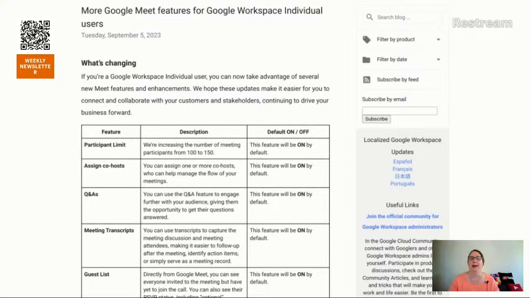You can have Q&As. That's just their Q&A interface, which makes it easy for people to ask questions. And you'll see a guest list inside the meeting. When you do that, what you will see is the guest list from your Google Calendar event, and you'll see if people RSVP'd and if they're in the meeting. So that is a big update.